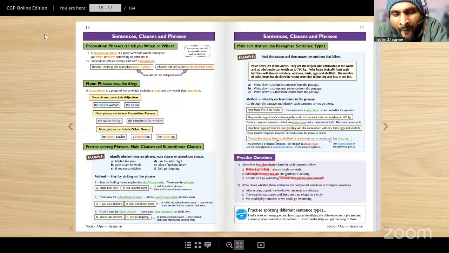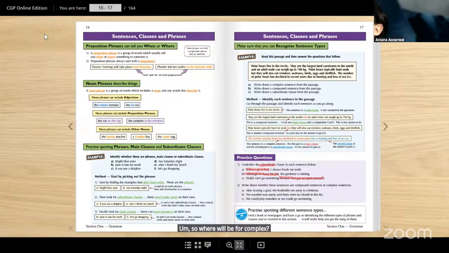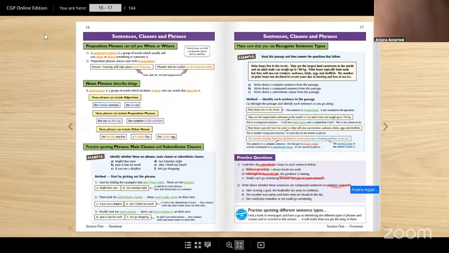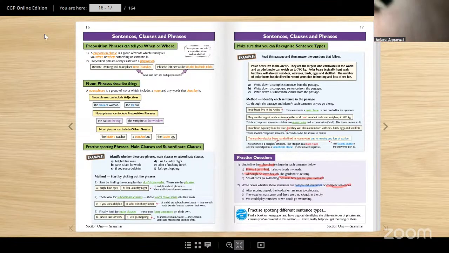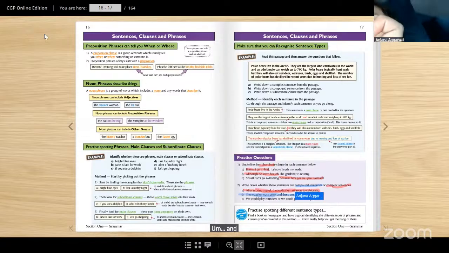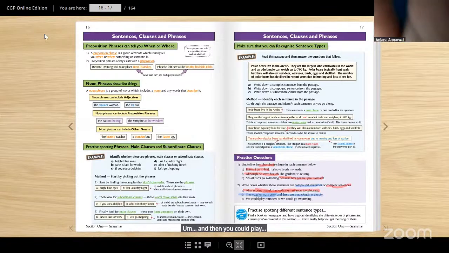So red will be for complex, and blue will be for compound. And then they could play rounders.